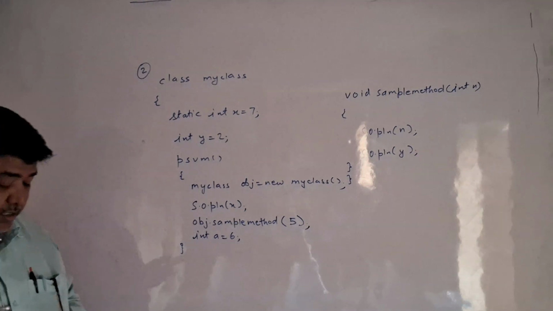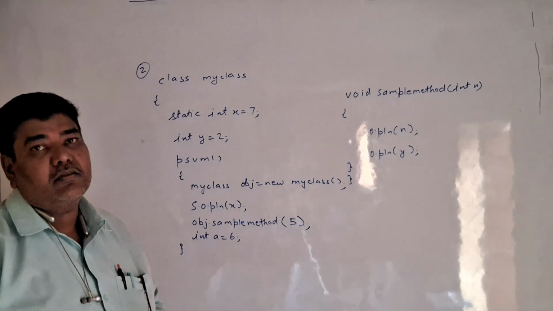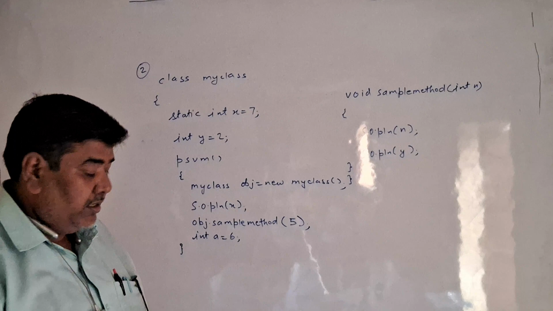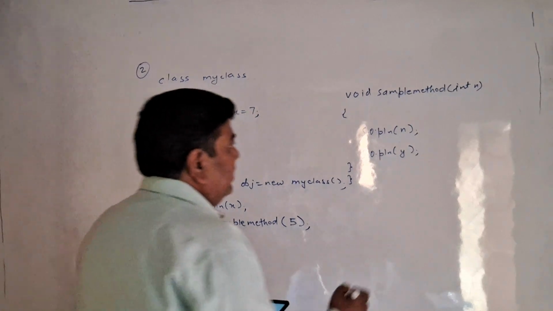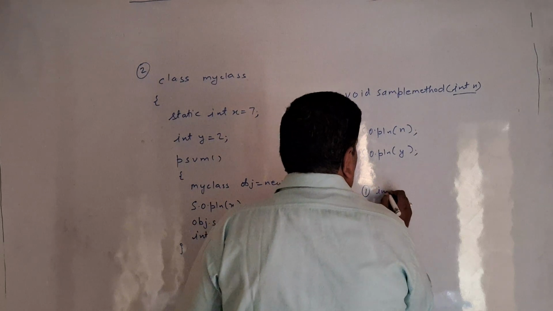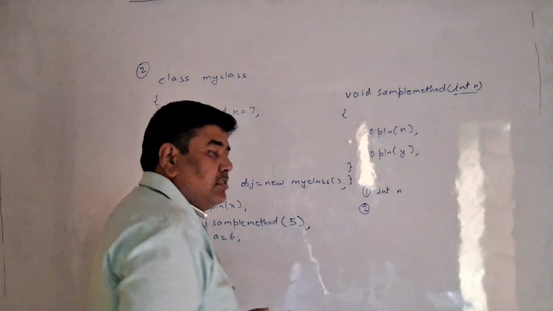What are the questions? First question is name these method arguments. Method argument means argument variables or parameters. So only one method argument is there, int n. The answer for first one will be int n. Second is class variable.